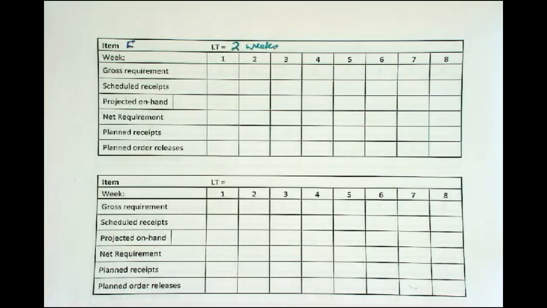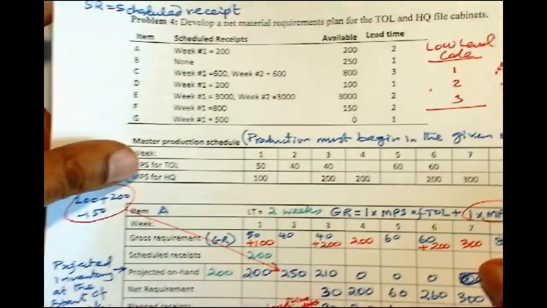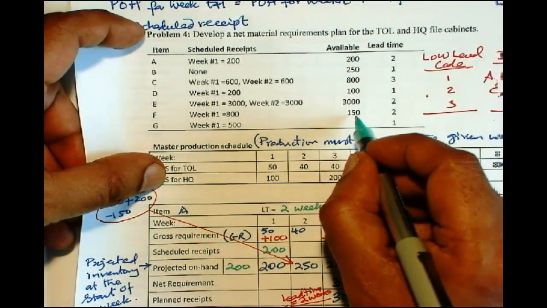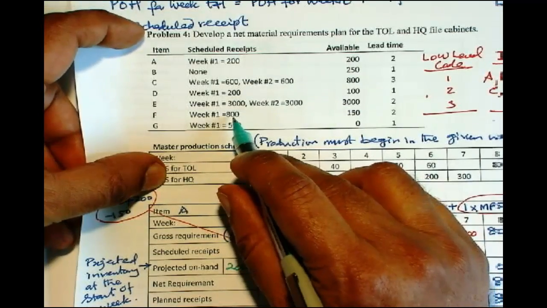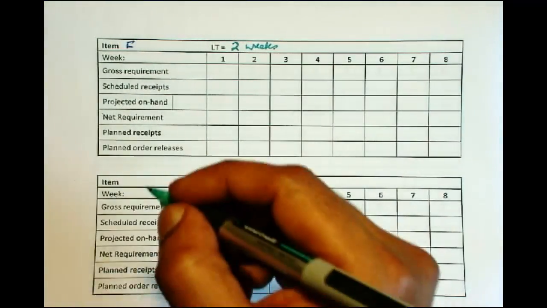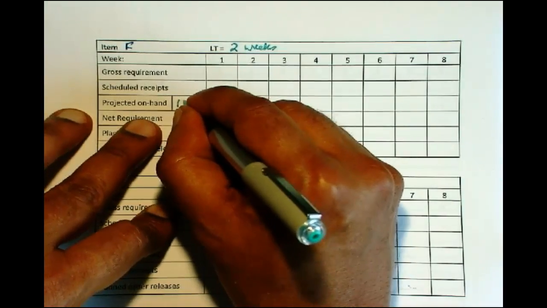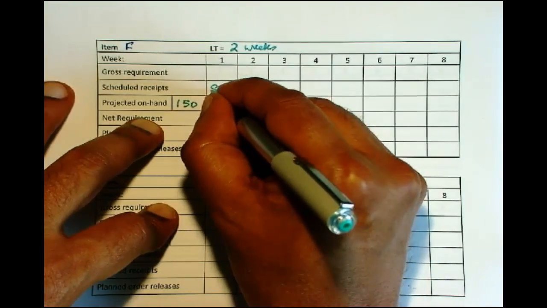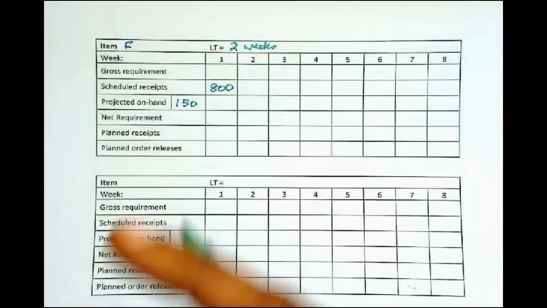What is available is 150, and scheduled receipt is 800.